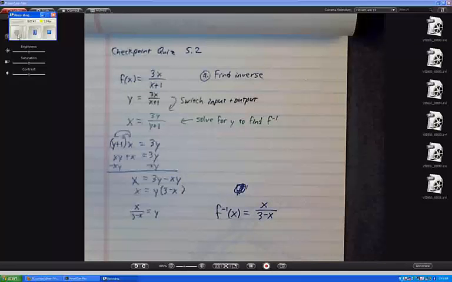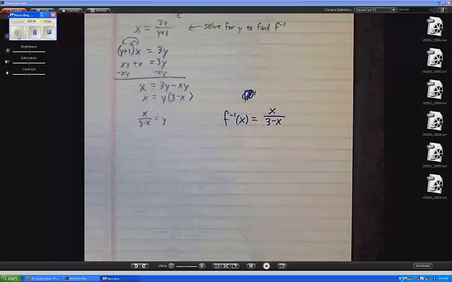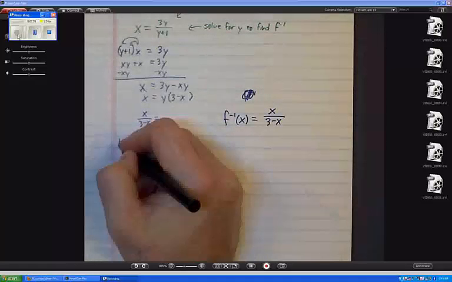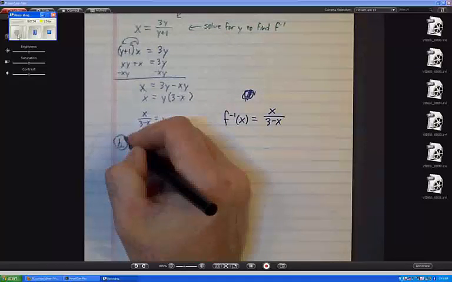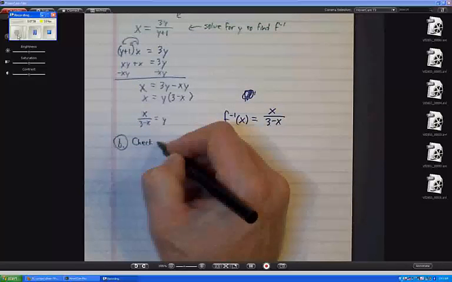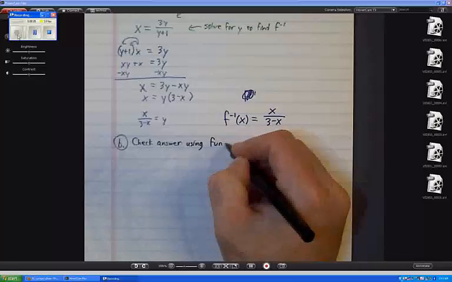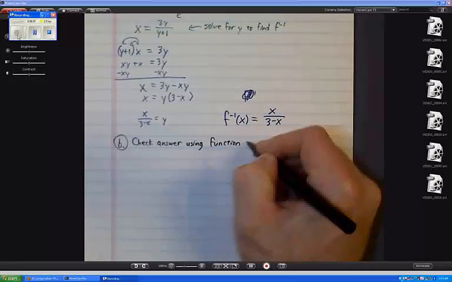That's the inverse function. Now, that's not what Barb asked about. Barb asked about composition. So part B says, check your answer using function composition.